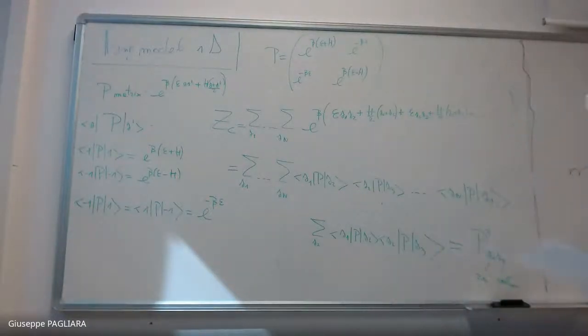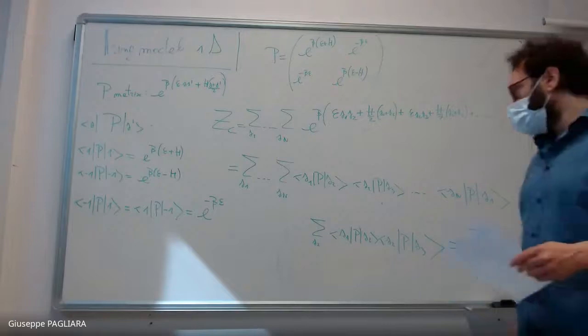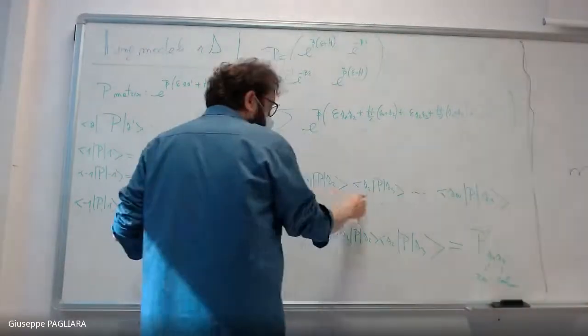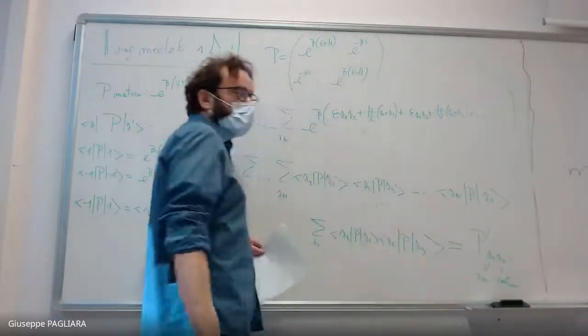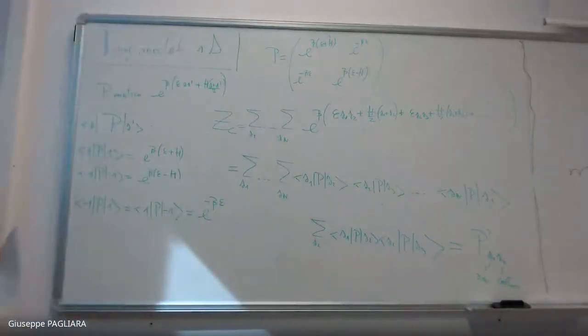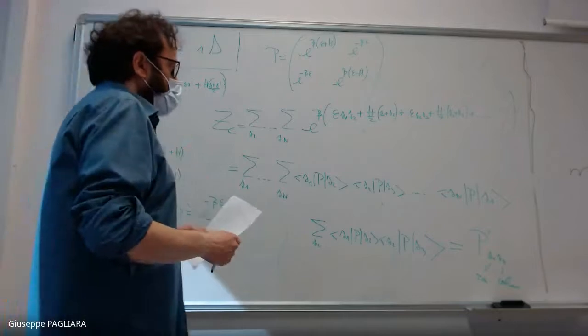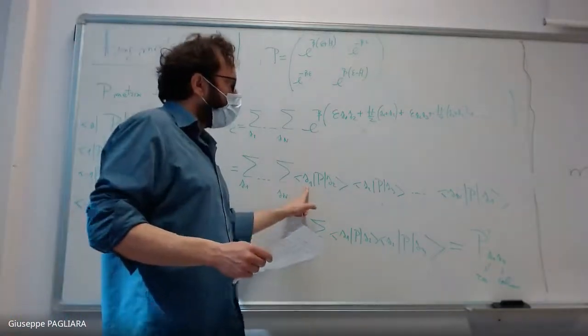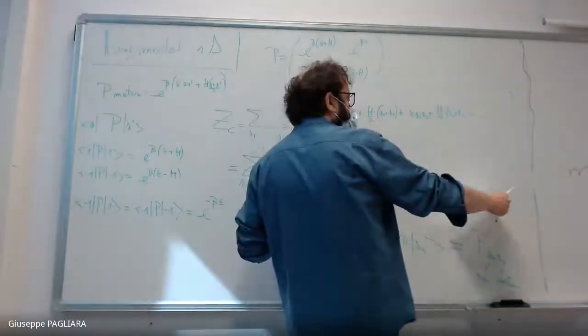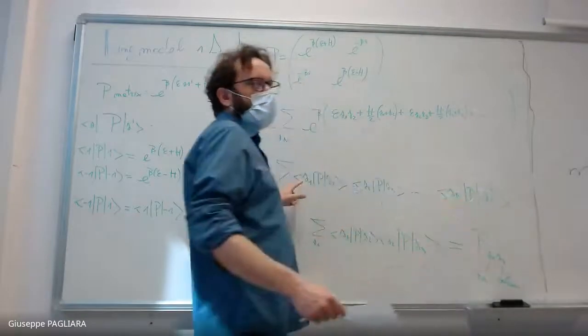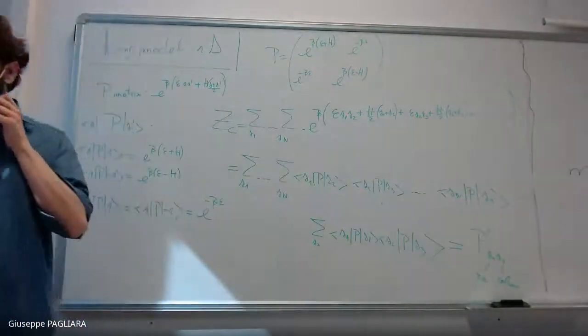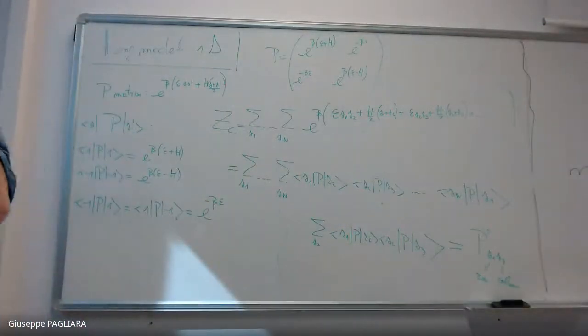And I'm doing this many times, n times, because I have this up to Sn. So I'm multiplying P by itself n times, and at the end, I'm summing over S1, which corresponds to taking the trace of P^n.